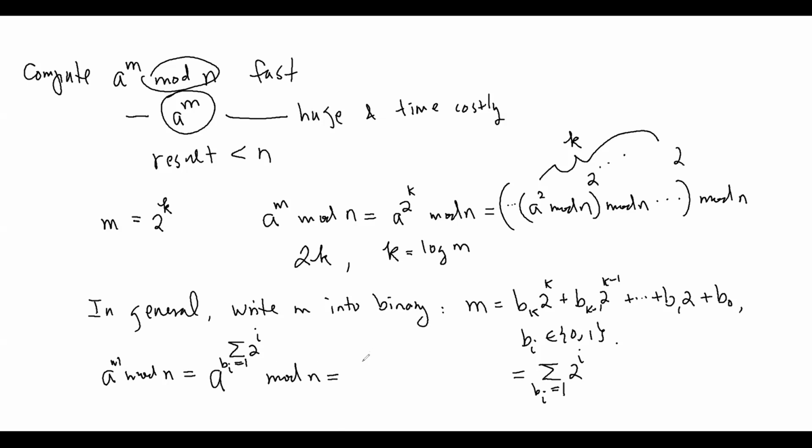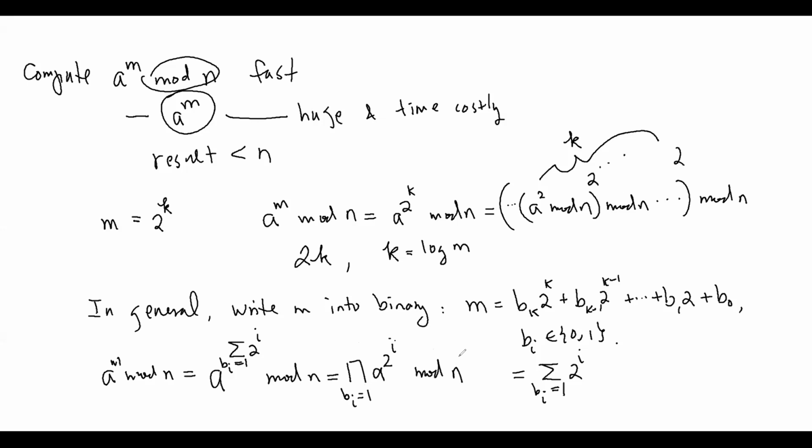Okay, so that can be written as a product of a to the 2 to the i, for b_i equal to 1.